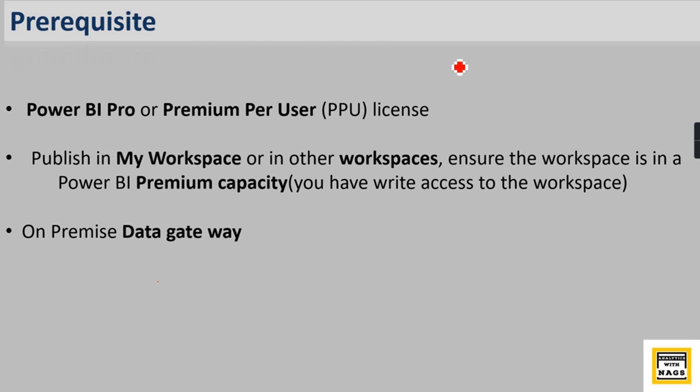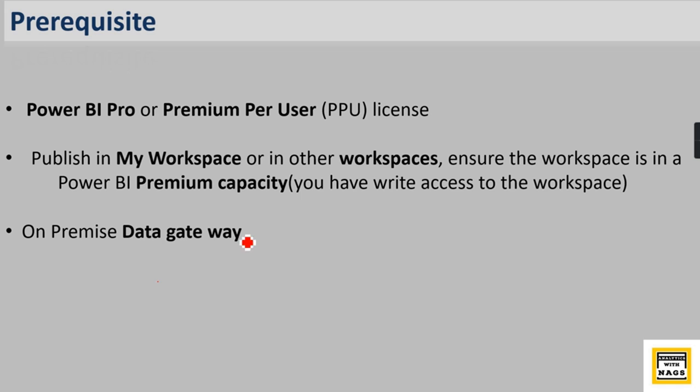You should have a Power BI Pro or Premium per user license. That is one of the prerequisites to deploy into Power BI service. And you can deploy it in My Workspace or other workspaces. Ensure that your workspace is in a premium capacity. So once you have a premium capacity in that workspace, you are able to deploy your reports.